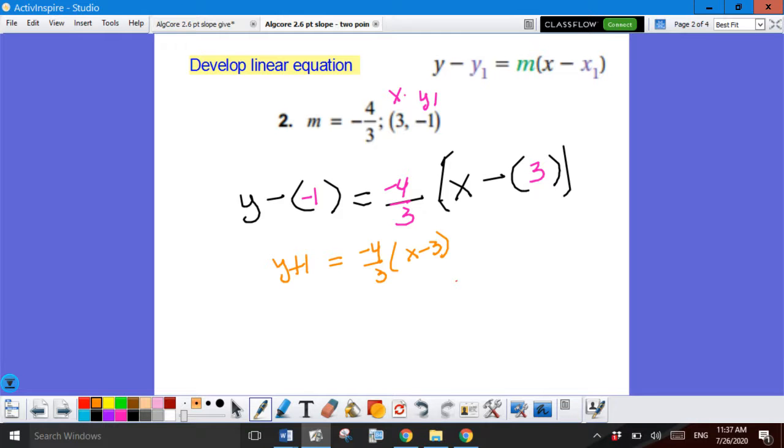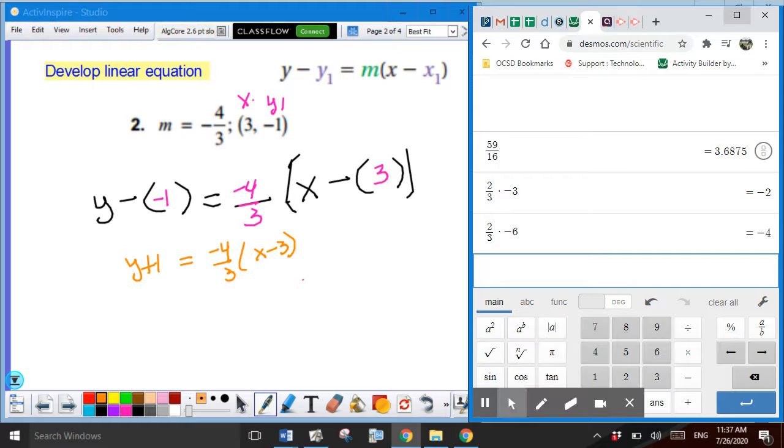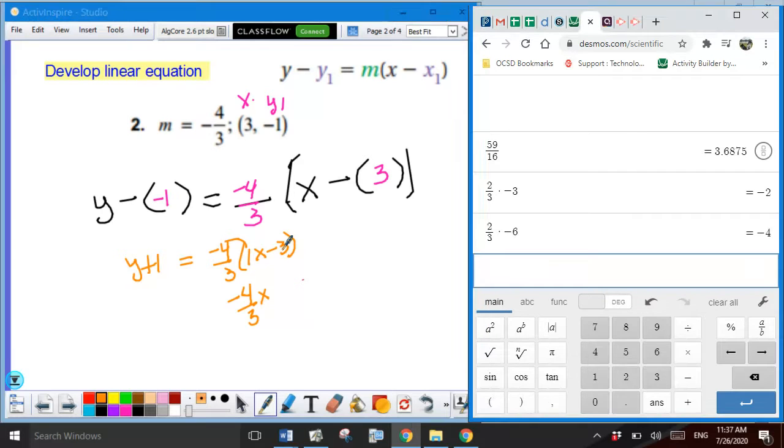Okay, and then I'm going to distribute. And I'm going to go ahead and pull up my calculator here to help me, since I have a fraction. So this first one is easy because it's not going to change. Negative 4/3 times 1, that's negative 4/3 x. We have to multiply negative 4/3 times a negative 3.